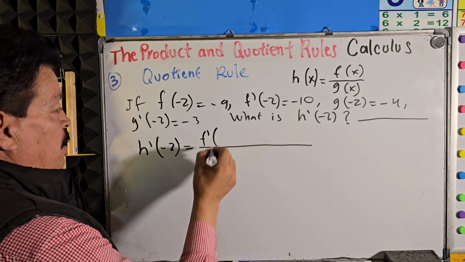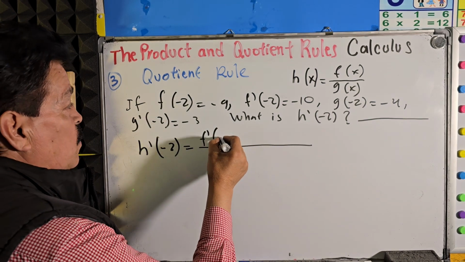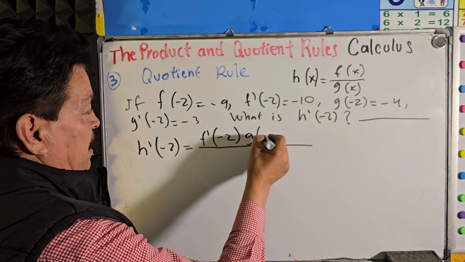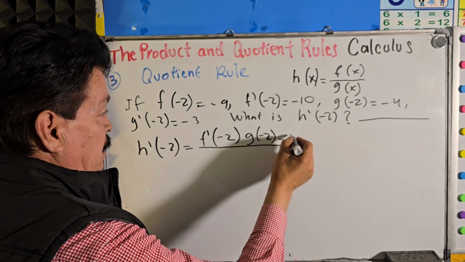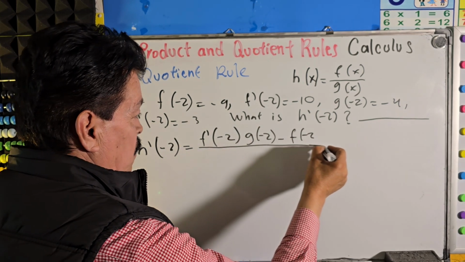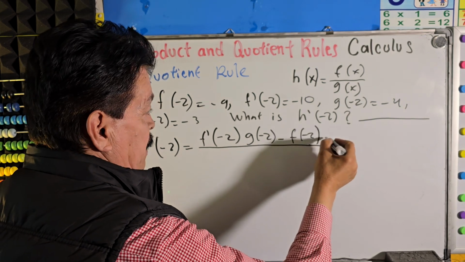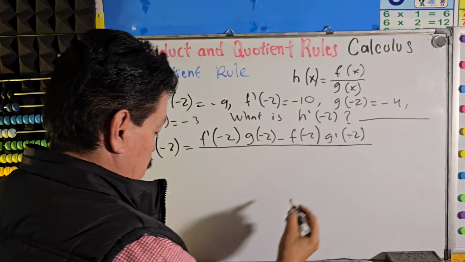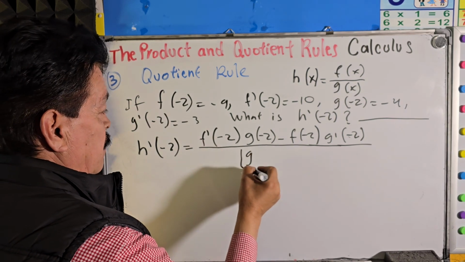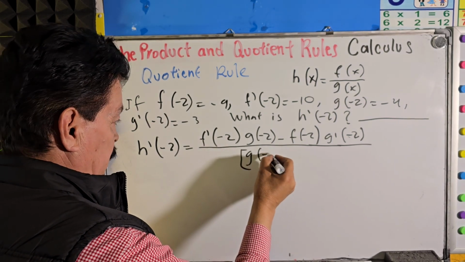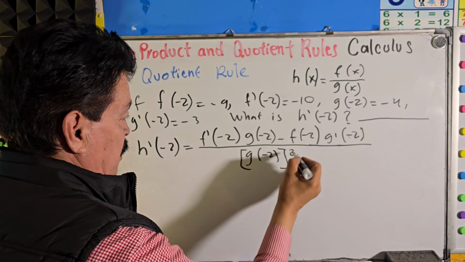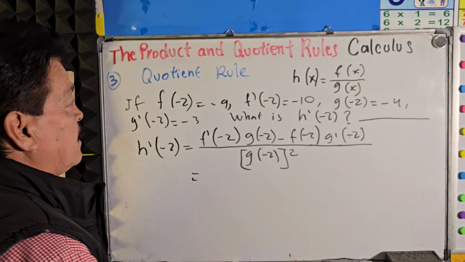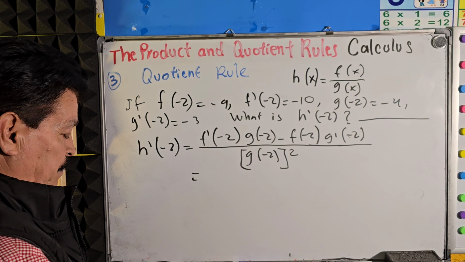F prime of x, x equals -2, g of -2 minus f of -2, and then g prime of -2, divided by g of -2 to the second power. Right? It's more simple as this quotient rule.